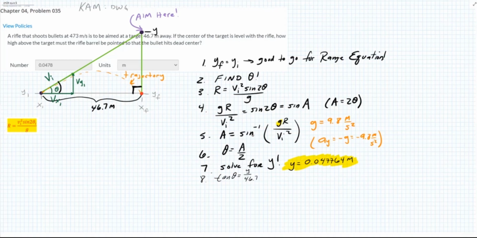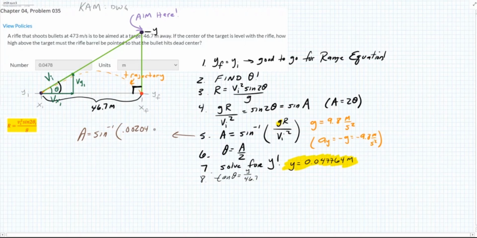This is saying capital A is going to be the arc sine of a really small number, 0.00204, on and on. So make sure you're in degree mode, not radian mode.